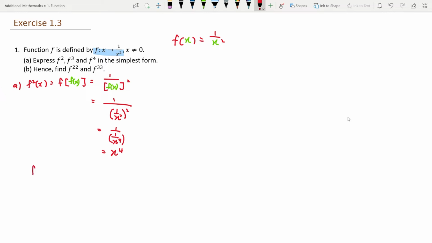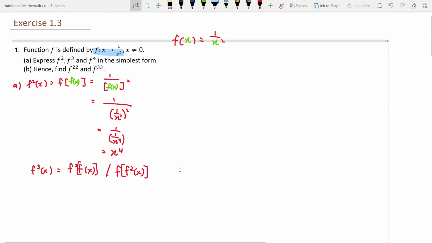Then we are asked to find f3(x). So for f3(x), it is either f squared of f(x) or f of f squared x. For this one, we will try both ways to compare the answer.